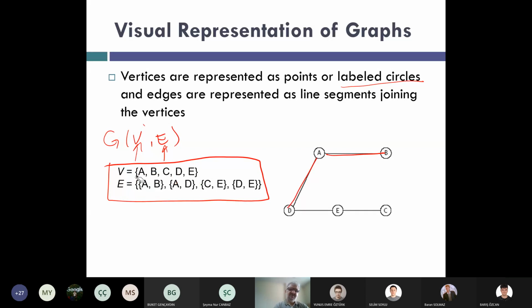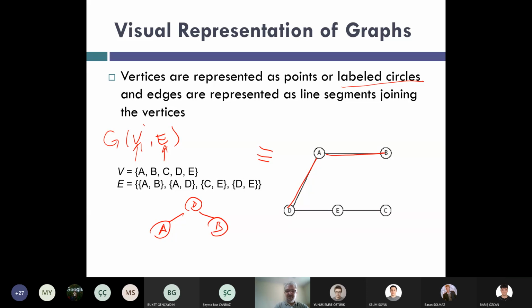Actually, this is a representation of the same graph. These are two equivalent representations, equivalent graphs. We can draw the same graph as follows. For example, D here, A here, E here, and C here, and B here.